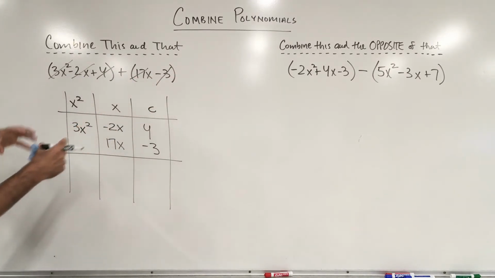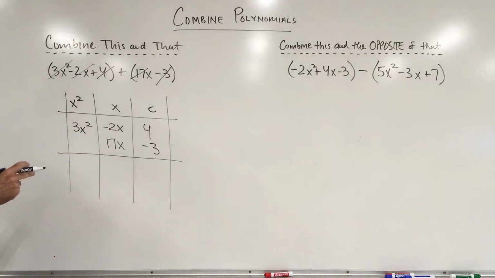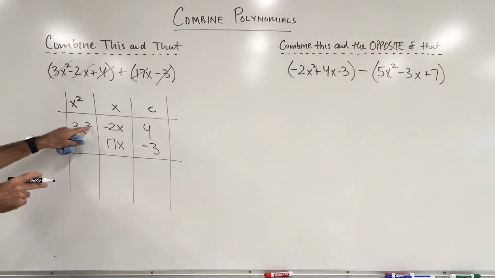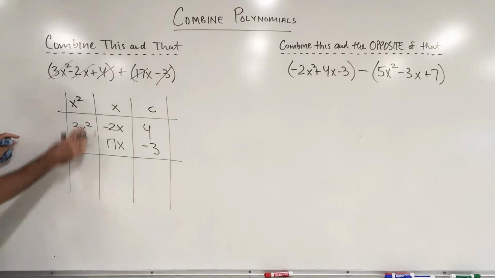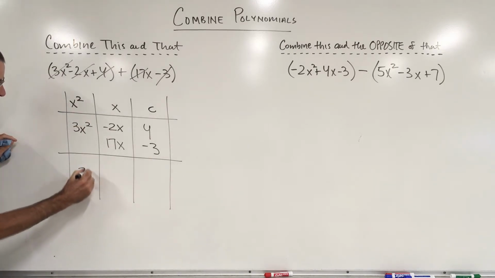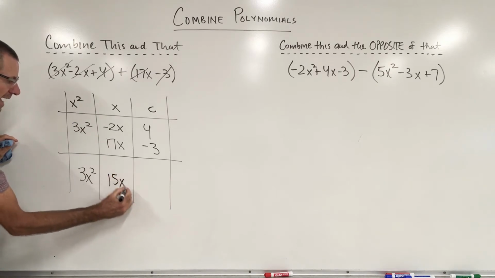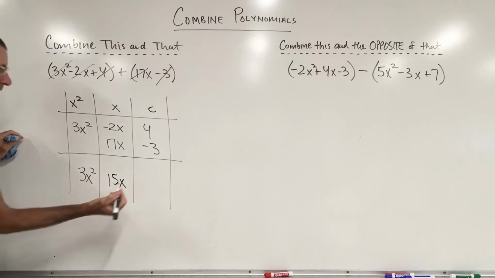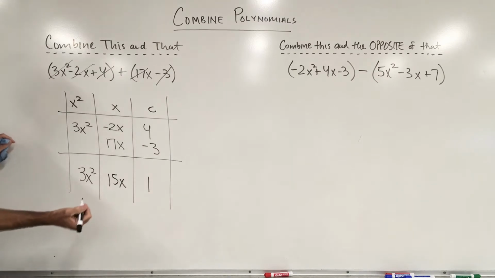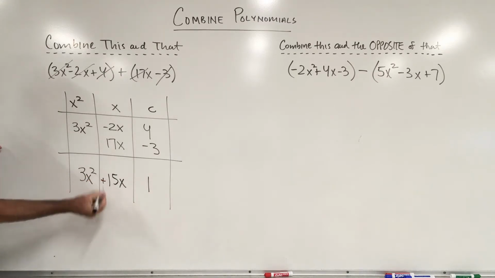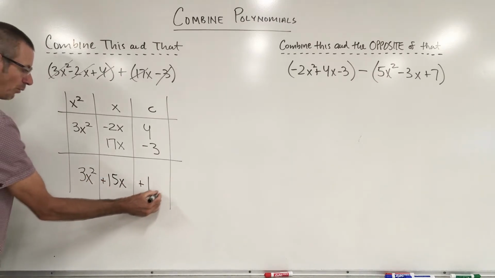But now I have them organized or grouped into groups of like terms that have the same variable and same exponent. So in my answer, I will have a 3x squared. I will have a 15x. And I will have a 1. So my answer is 3x squared plus 15x plus 1.